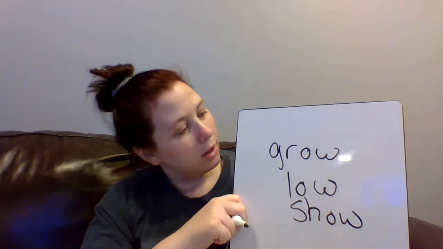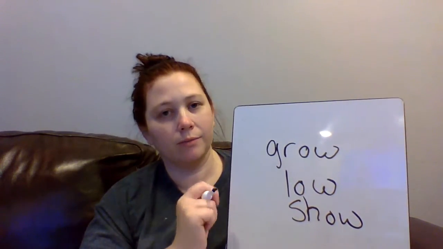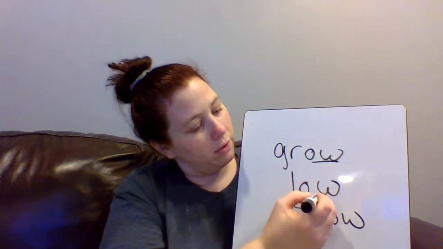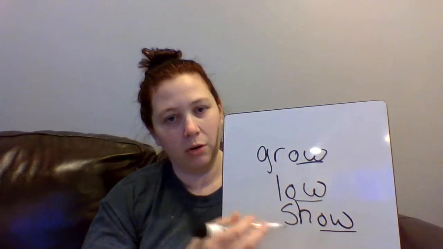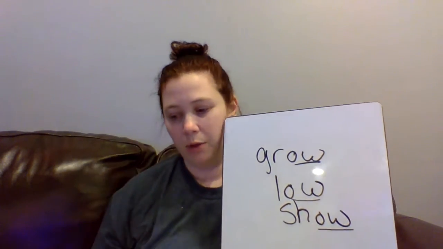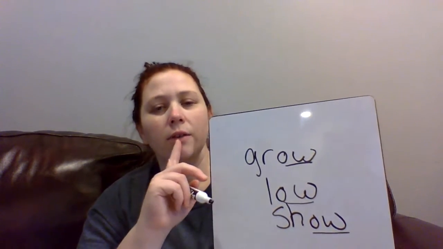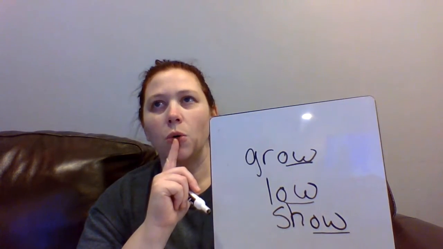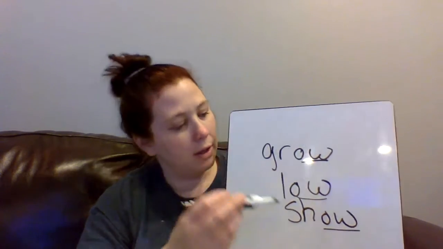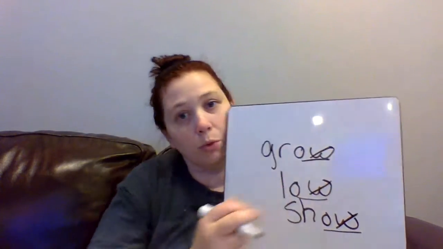O, right? And what 2 letters do we see that are making that O sound? We have OW. And OW is a digraph, so we are going to underline it like that when we code it, because that's how we code digraphs. And then also let's think about it. Grow, slow, show. We're just hearing that O at the end, so we're not saying the W. So when we code it, we're going to cross a line through the W.